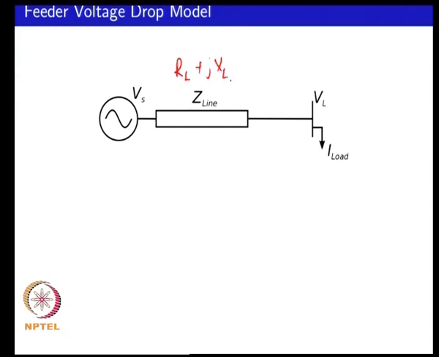Again we will lump the load together at one point and call it the load voltage, and you have some load current being drawn, and we will assume that the load current is at some power factor P.